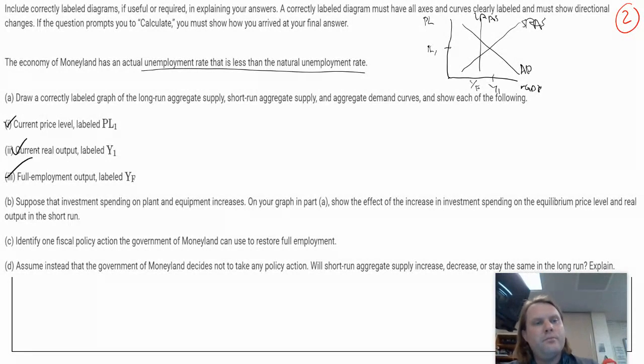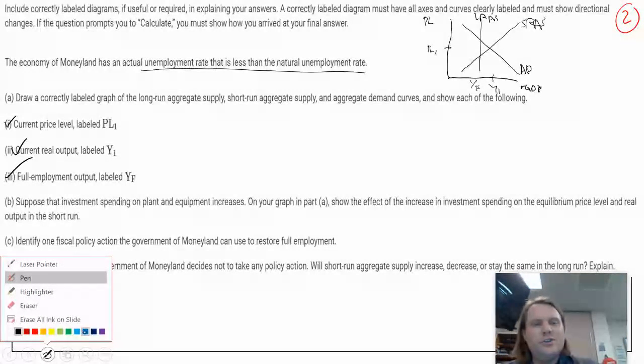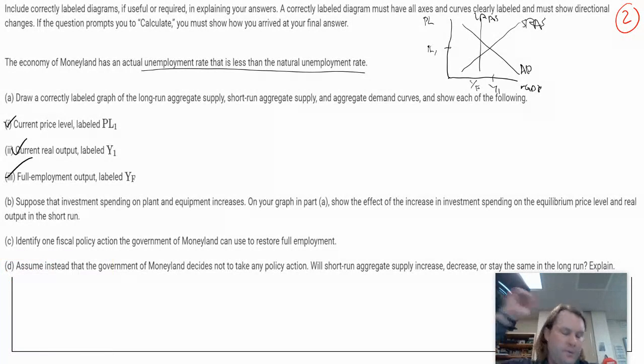Okay, so suppose that the investment spending on plant and equipment increases. On our graph, what's going to happen in the short run? Well, investment spending is part of our GDP formula, and it's basically businesses' demand for stuff. So we're going to increase our aggregate demand.